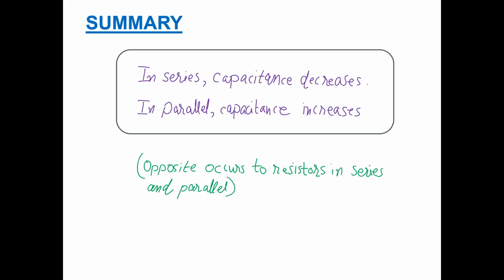So now we summarize. Our chapter is capacitor. Capacitor is a chapter which does not come every year. It is relatively a small chapter. Now let's have a summary. In series, capacitance decreases. In parallel, capacitance increases. This is opposite to what happens with resistors in series and parallel.